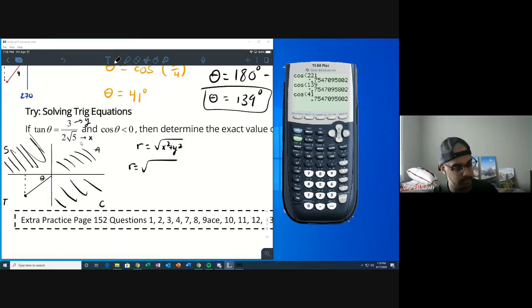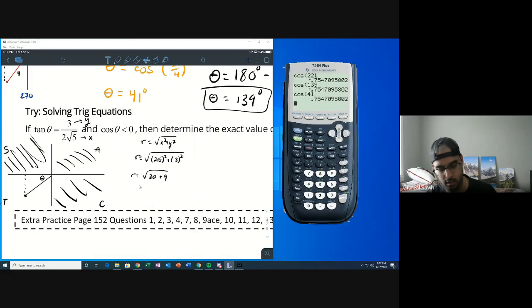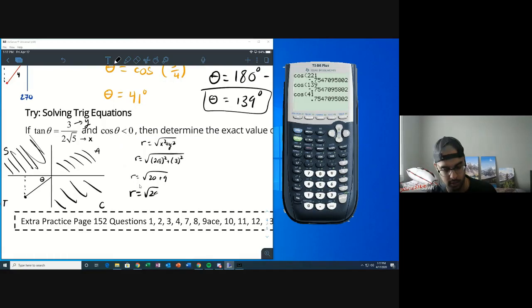So that's 2√5 squared plus 3 squared. 2√5, when you square it, you're going to get 4 times the square root of 25. Square root of 25 is 5, so 4 times 5, that'll give you 20. Plus 9. Our terminal arm is root 29. R equals root 29. There we go.